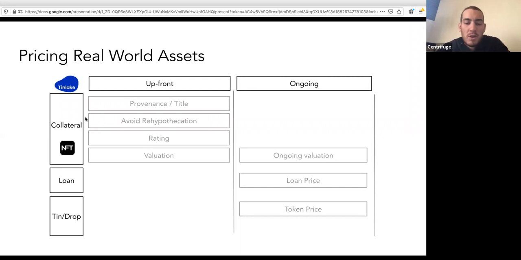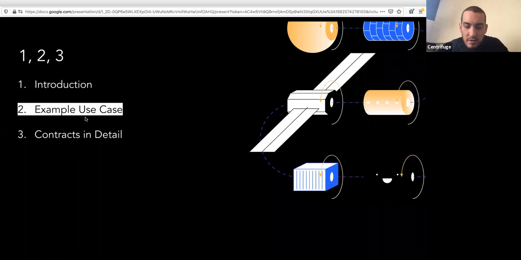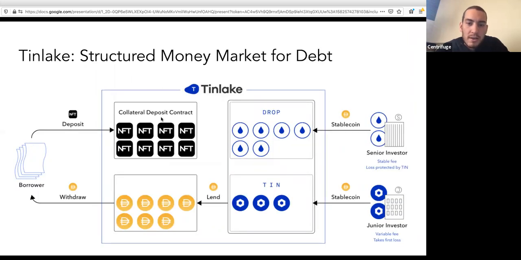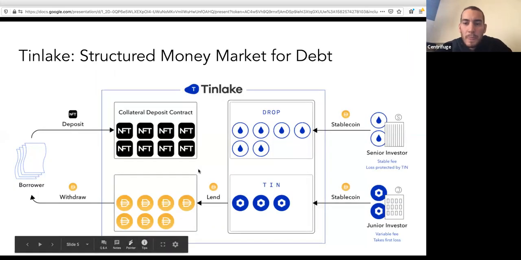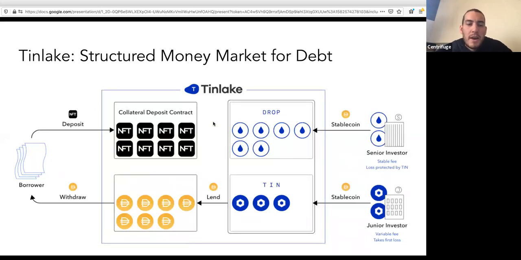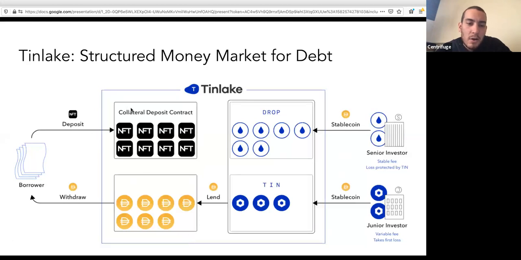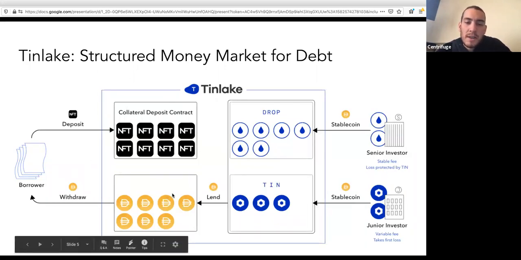And one important part that I didn't mention yet is that for the set of smart contracts, the Tinlake contracts that we have, we deploy a set of these contracts for each asset class. So say you have invoices in the US for small businesses, that would be one deployment of Tinlake, where all of the risk is shared among all of the investors in that particular pool.